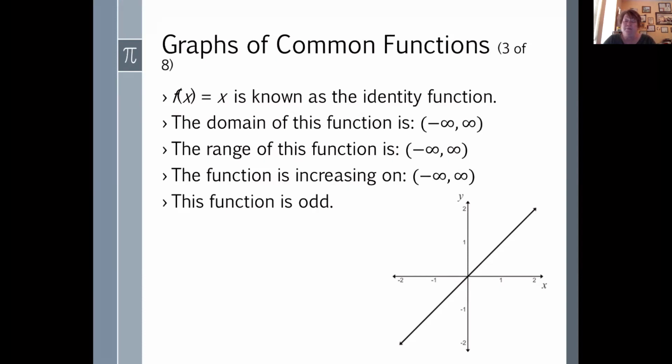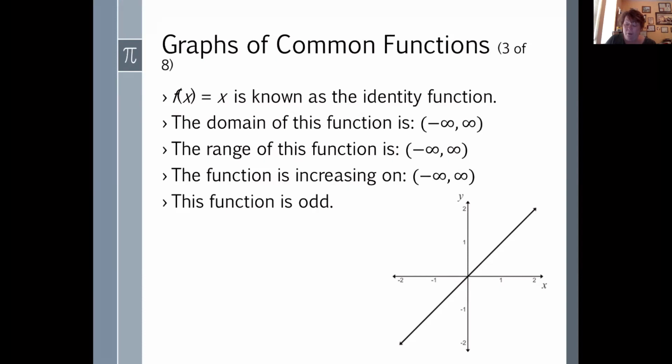As you can see, the graph indefinitely goes to the right and left, and the graph goes up and down indefinitely. So the range is also the set of real numbers. The function is increasing over its entire domain. It's always rising from left to right. And it's odd. It's odd because it's symmetric with respect to the origin.